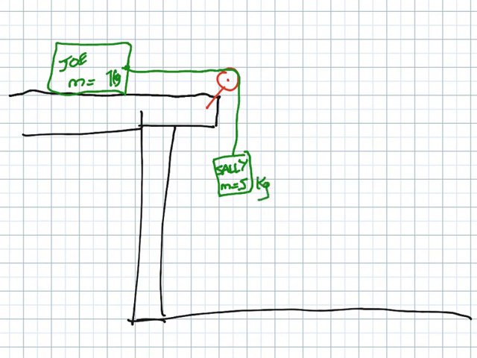Okay? And so for right now, let's say there is no friction between the surface of this table and Joe. In the lab, we can actually get fairly close to no friction.